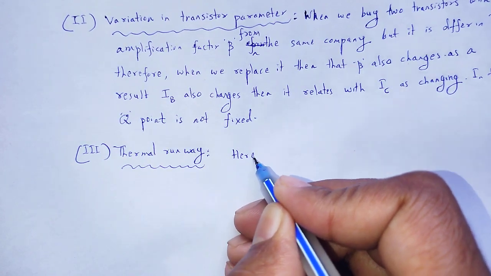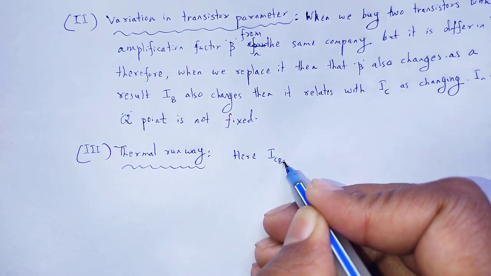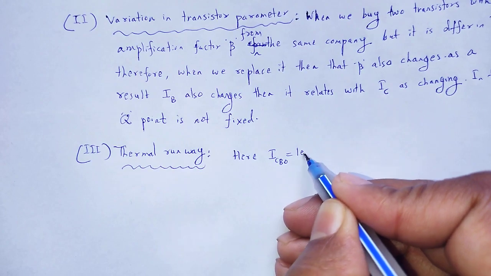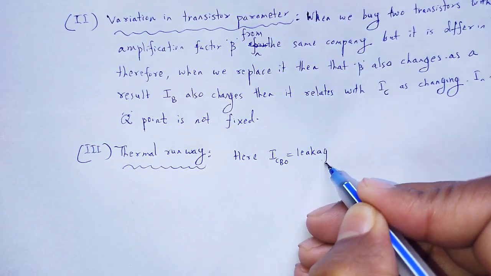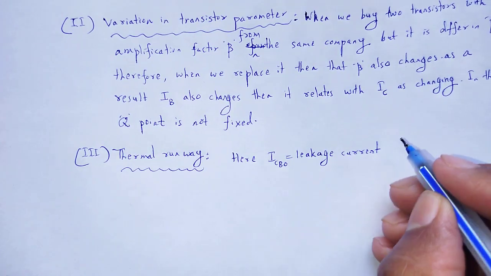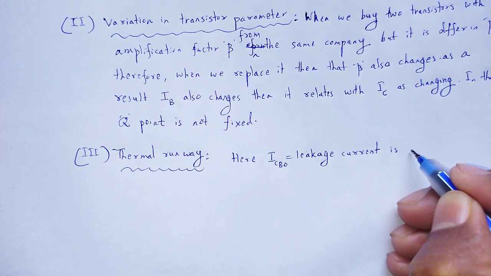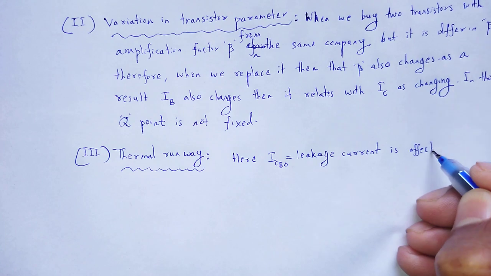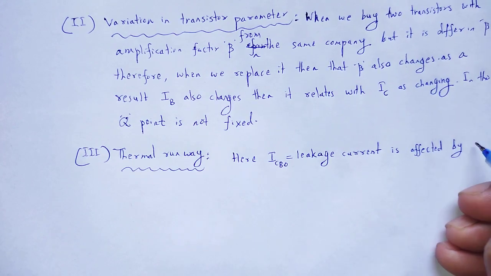Here ICBO, which is the leakage current, is affected by temperature.